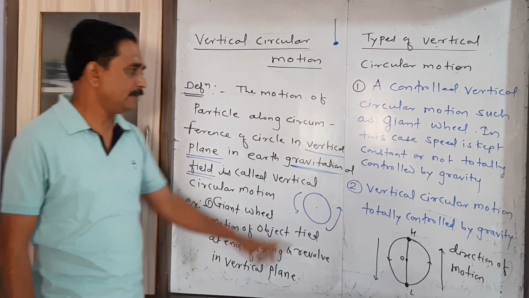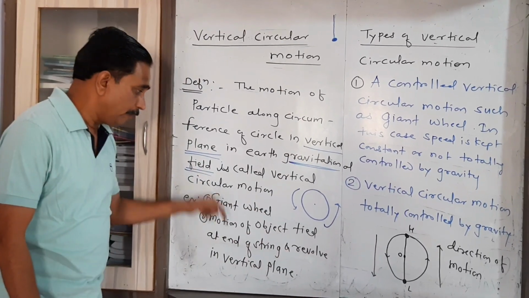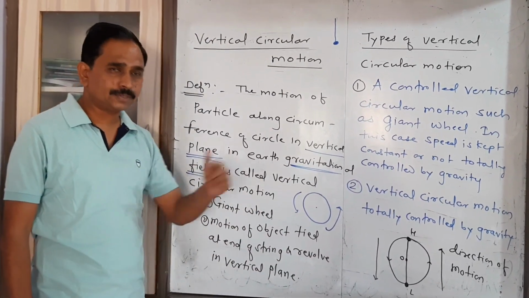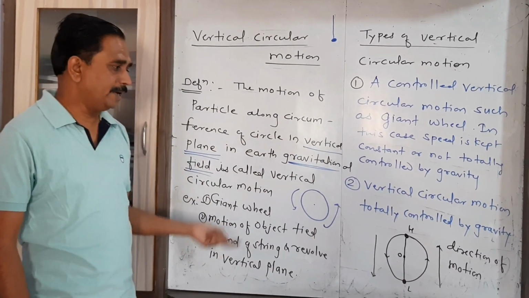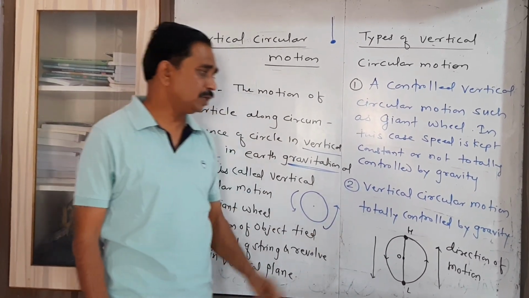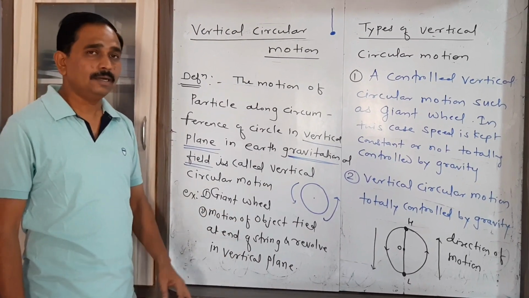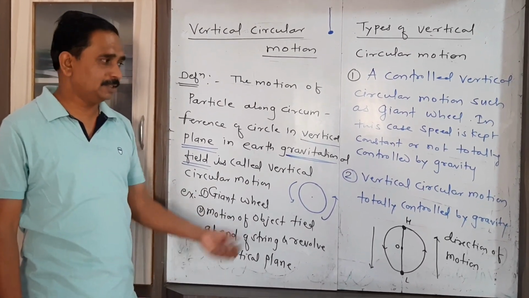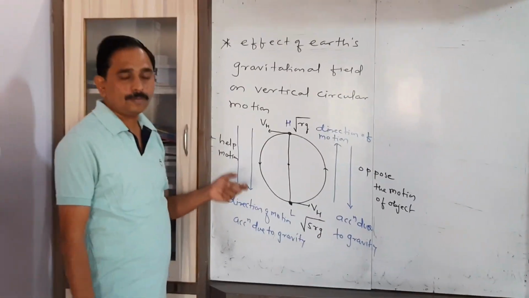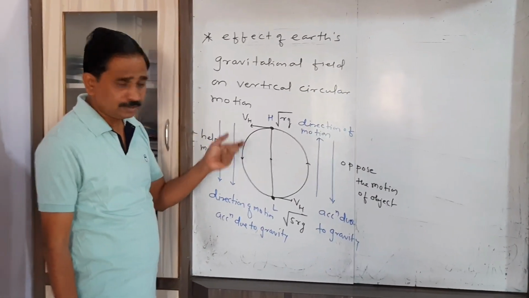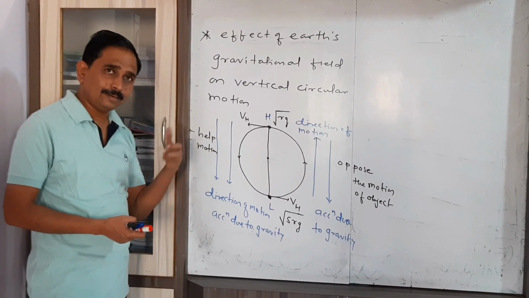And the second one is when an object is tied with the help of a string and revolved in a vertical plane. In that case its motion is totally controlled by the gravitational force, that is the gravity. Now let us consider the second type of vertical circular motion which is totally controlled by the gravity or gravitational field.